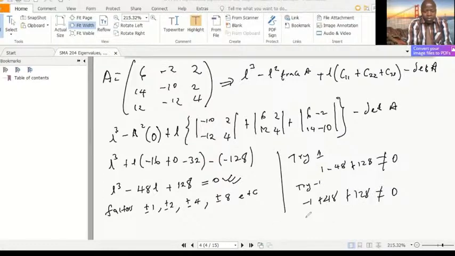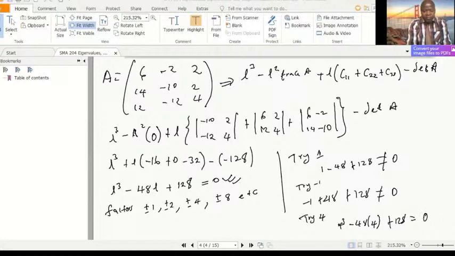What about 4? Let me try 4. You can also try negative 4, negative 2, but when you try 4, you find that it will be a root because this will give you 4 cubed minus 48 multiplied by 4 plus 128, and this will be 0.